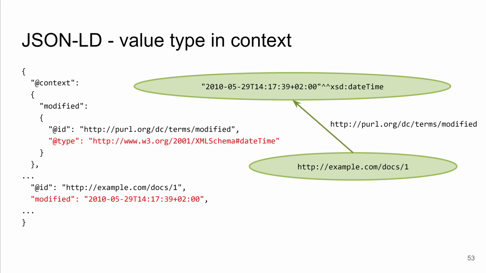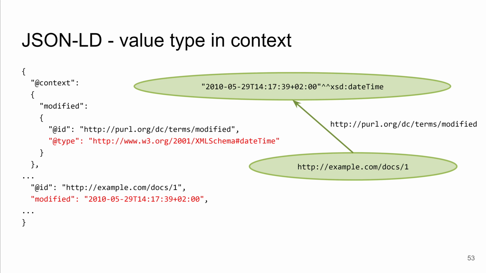And this can be done again in the context by specifying for a certain key, in this case modified, both the ID, which specifies the URI of the predicates to be used in RDF, and the type keyword, which specifies the IRI of the data type of the values connected using this predicate.